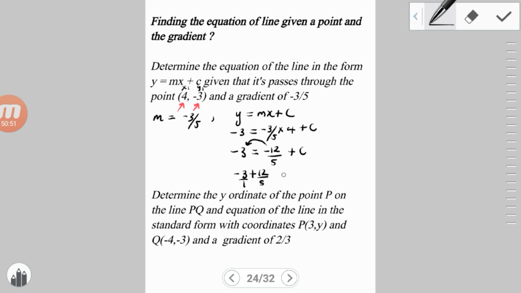And we're going to find the LCM here to find c. So c here is equal to, and the LCM here is, as you can see, 5. 1 times 5 is 5. So let's see, 1 into 5 goes 5 times. And 5 into 5 goes 1 time. So negative 3 times 5 is negative 15.